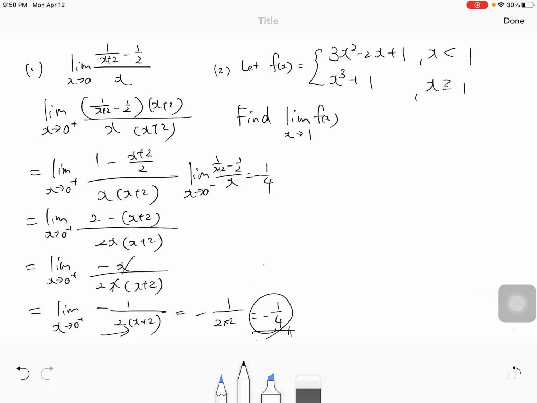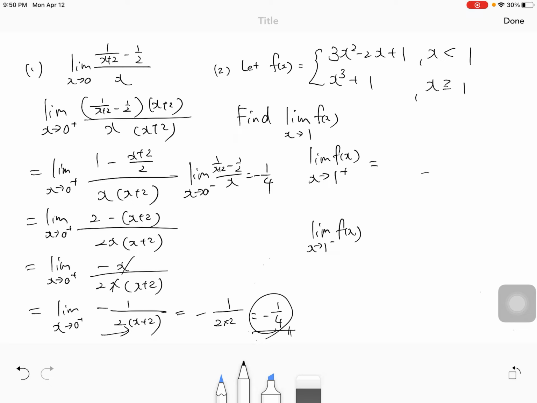Then you have to find the limit of f of x as x approaches 1. So, like I said, to find limits, you have to approach from both sides: from the right side and from the left side.